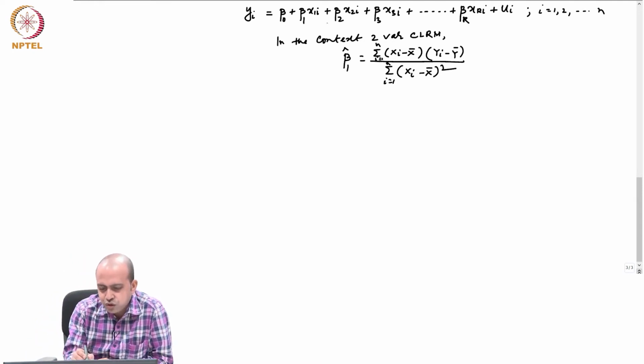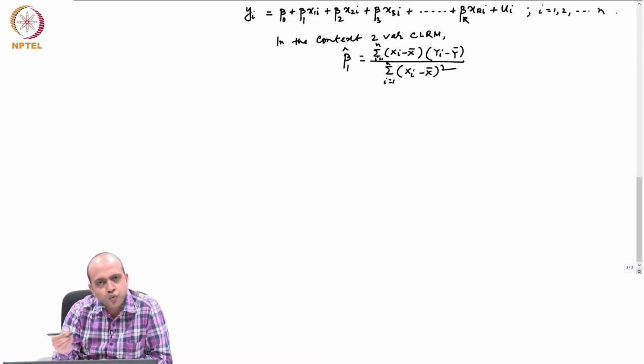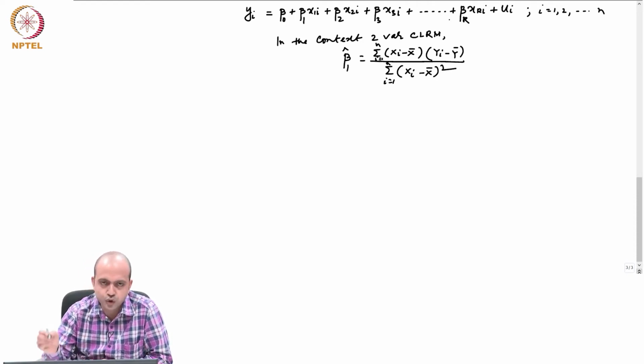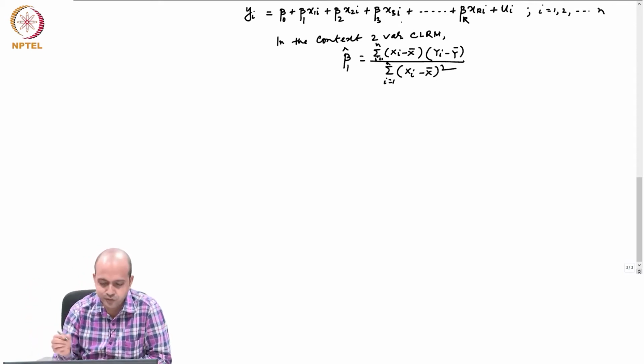So, this equation, yi equals beta 0 plus beta 1 x1i plus beta 2 x2i and so on, is for the ith individual. Now, we can substitute i for 1, then we will get the equation for the first individual. We can substitute i for 2 to get the same equation for the second individual. Likewise, we will get the equation for the third individual, fourth individual and then up to the nth individual.